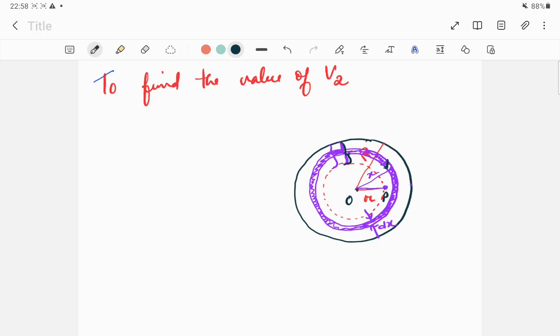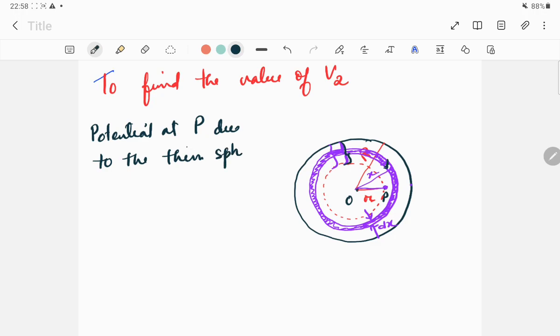So let us write down the potential at P due to the thin spherical shell of radius x.